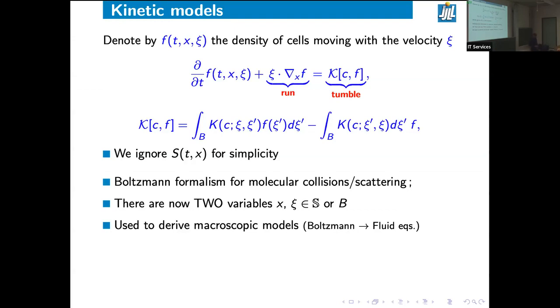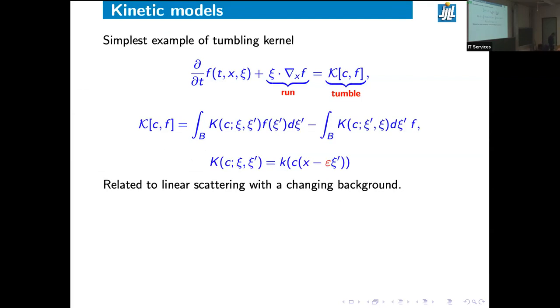And of course, this can be used to derive a macroscopic equation from that. So to do a macroscopic limit, you need a small parameter. You need to know what is the scale which you are going to use to rescale. Here, if you think of the simplistic model, what you could say is that cells are making these jumps. During the jump, they measure the concentration of chemoattractant. So this molecular concentration C, they measure it along the path.